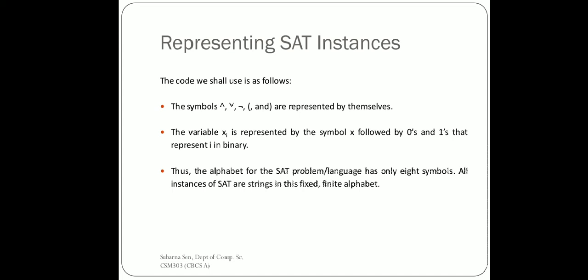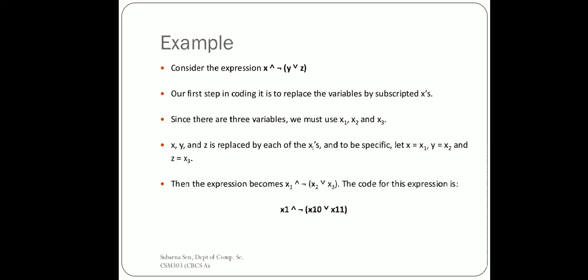Now let us see how we code it. Just remember for which values it was holding true, fine. For now we will just code it. See here what we are doing: we are replacing x with x1, y with x2, and z with x3, because if we do not do this, we cannot represent the suffix with binary values.